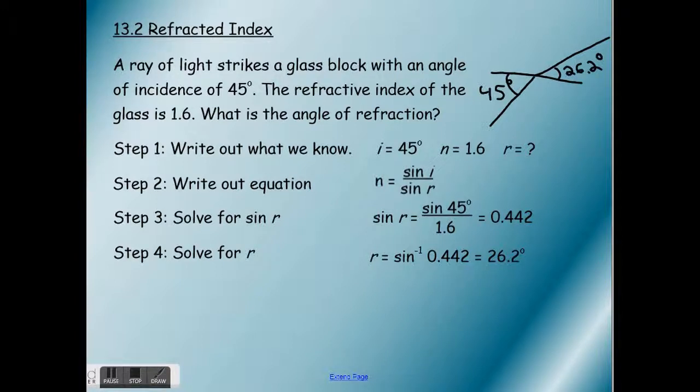I can check after to make sure I got that right, but I'm pretty sure. I'm wrong. I lied. The angle of refraction is from 90 degrees. So it's 26.